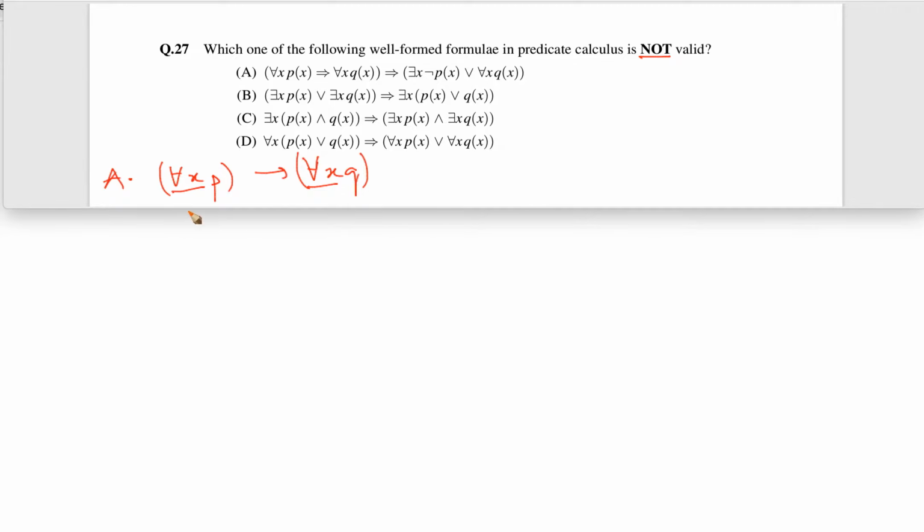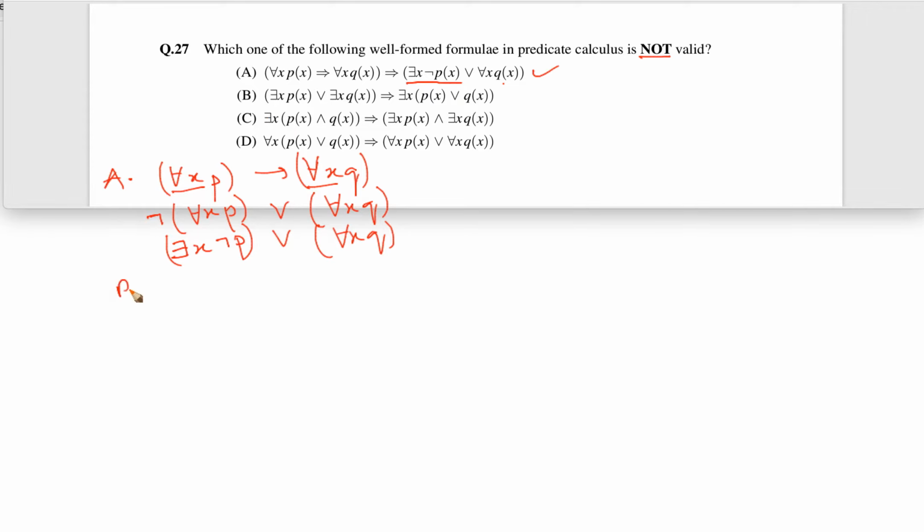I can write it something like this: not of for all x p or for all x q, and this not can be inserted inside, then for all will become there exists not p, or for all x q. So this is definitely equivalent, so definitely this is correct.